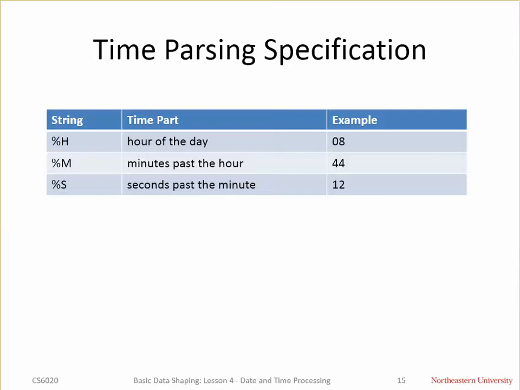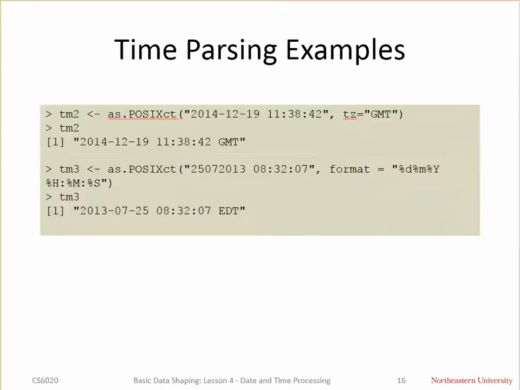Now, similar to string processing, you can also do different time parsing specifications for hours, minutes, and seconds. You have the different percent values. For example, we have as.POSIXct right here, and I'm specifying a new time zone. Here we have the year as a number, followed by the time.